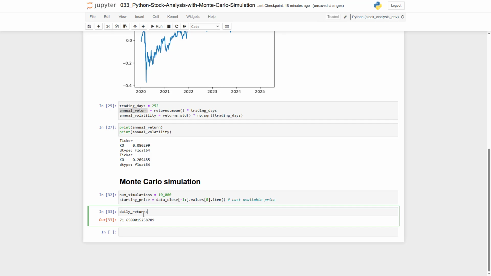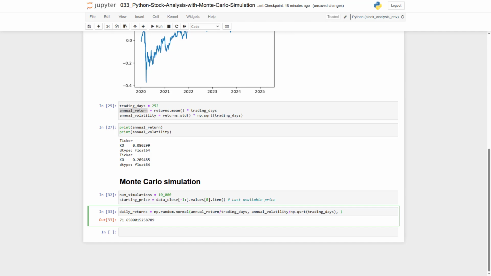Okay, let's continue with daily returns and price paths. Daily returns, we'll use np.random.normal, so annual return divided by trading days. Then we have annual volatility divided by np.sqrt trading days.